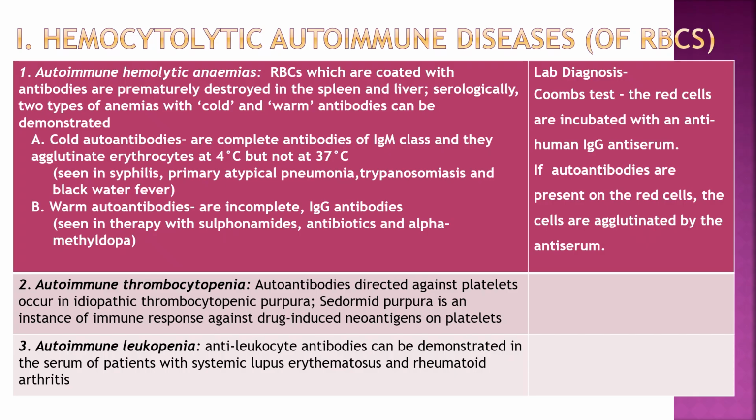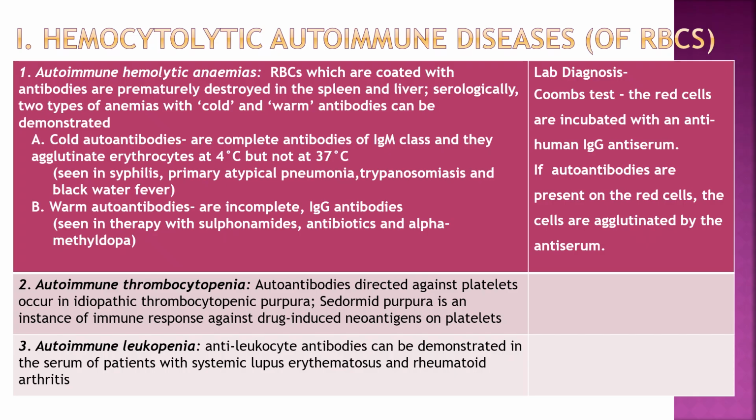Seen in syphilis, primary atypical pneumonia, trypanosomiasis, and blackwater fever. Warm autoantibodies are incomplete IgG antibodies seen in therapy with sulfonamides, antibiotics, and alpha methyl dopa. Lab diagnosis, Coombs test: the red cells are incubated with anti-human immunoglobulin antiserum. If autoantibodies are present on red cells, cells are agglutinated by the antiserum.